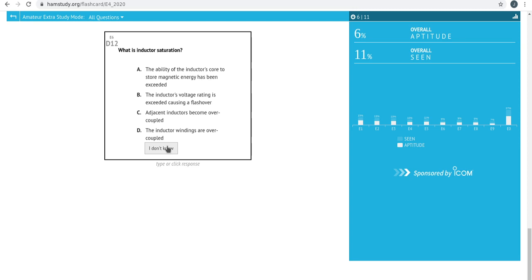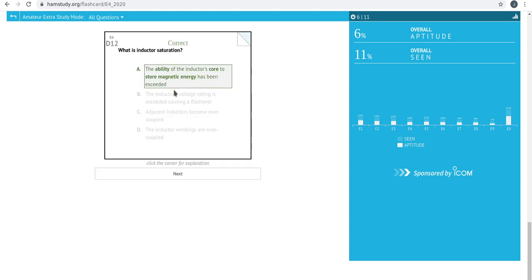C, adjacent inductors become overcoupled. D, inductor windings are overcoupled. And I believe it's A. The ability of the inductor's core to store magnetic energy has been exceeded.